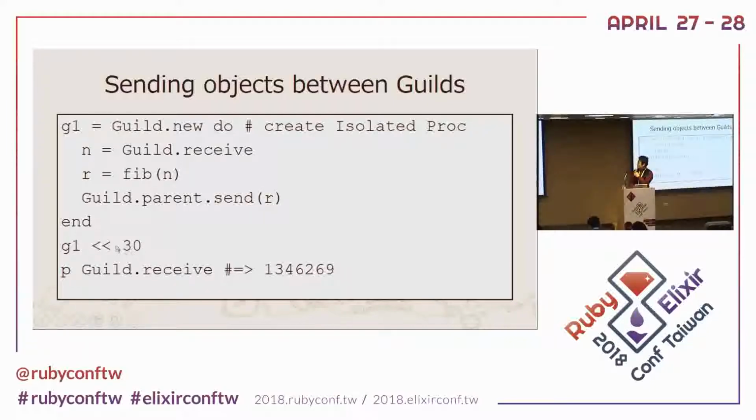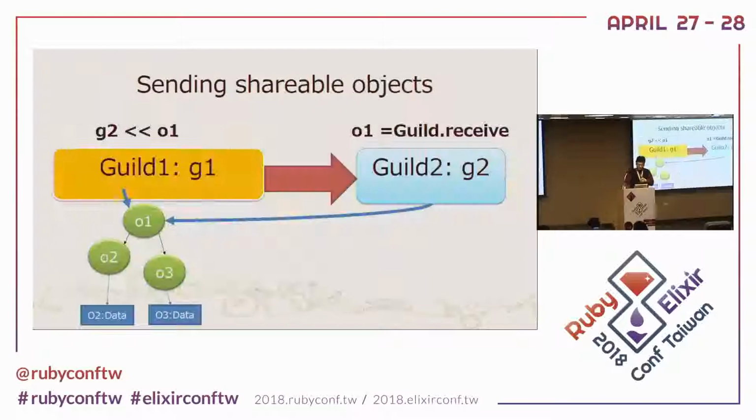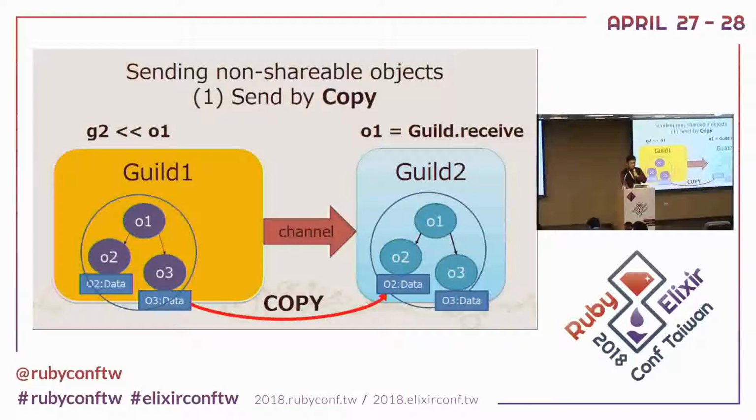In this case, we send 13 to guild 1, it runs this code, and after that we can receive the correct answer from the Fibonacci guild. Sending shareable objects means we only send the reference, so it's very lightweight.